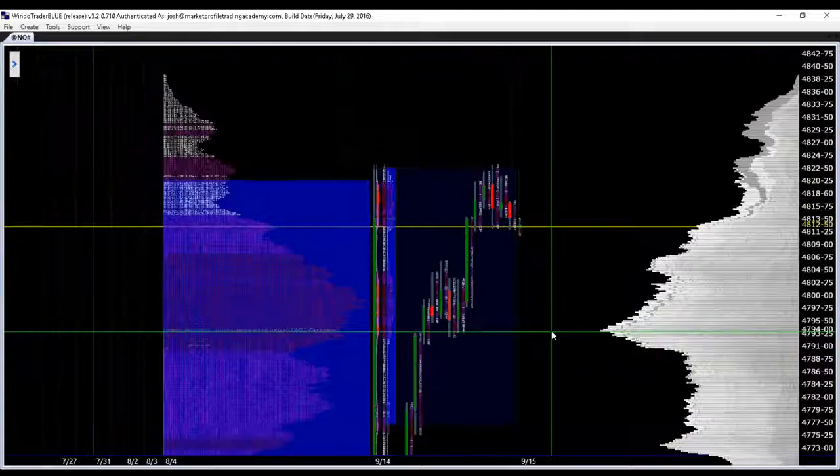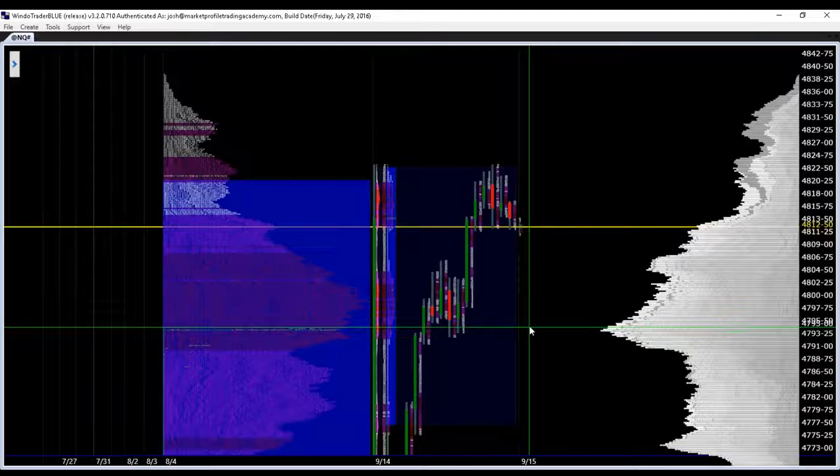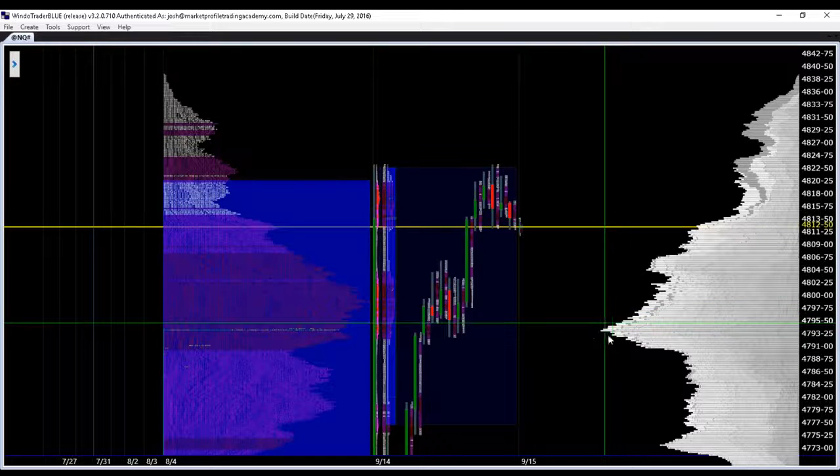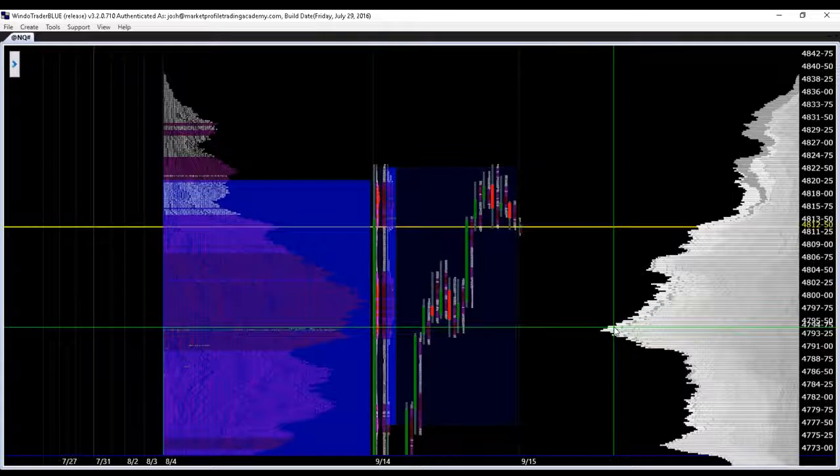The behavior around a high volume node or a high volume area like this is that it tends to slow the trade. What's great about this is it gives you an opportunity to make a decision. As traders, I don't want to have to make a really fast decision.